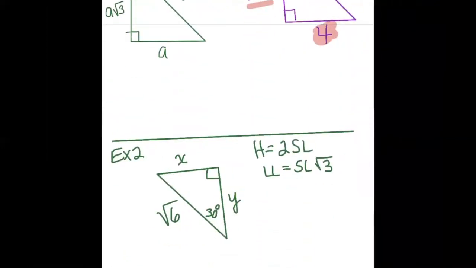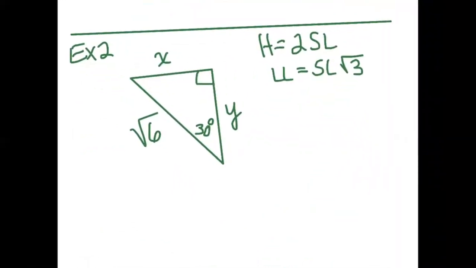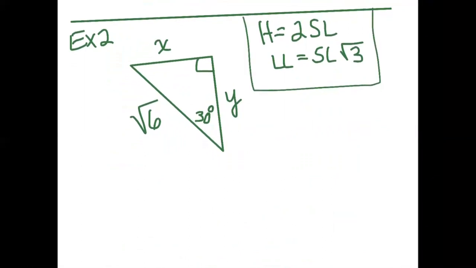So let's go to something a tiny bit trickier, not much. So now I've got my formulas already set up. I like to always have that at the top of my problems because sometimes I get confused. So now I'm going to look at this and I see that I have my hypotenuse.